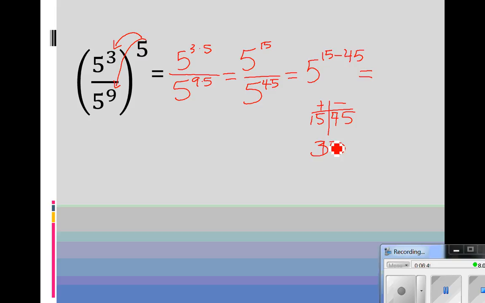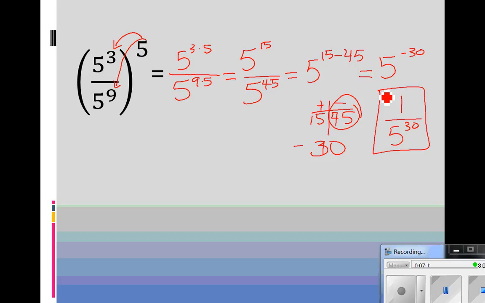And the negative is larger because of the 45, so it would be negative 30. So 5 to the negative 30 power. We can't have a negative exponent, so we have to write the reciprocal. So 1 over 5 to the 30th power. That would be our answer.